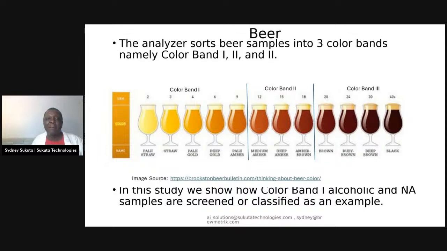So what we found, and I'll show you in a few minutes, is that we put these beers in buckets that are more similar. If they're in the same band, they'll have more or less the same light transmission values. So the analyzer sorts the beer into 3 color bands, namely color band 1, 2, and 3.